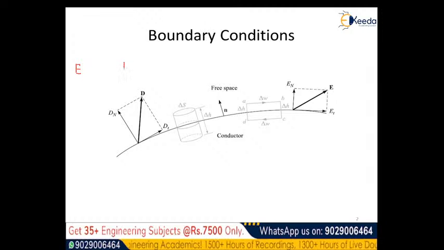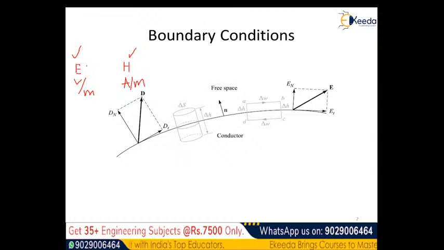Whereas for the magnetic field, we denote it by capital H, in terms of amperes per meter. So these are the field intensities, this is for the electric, this is for the magnetic here.